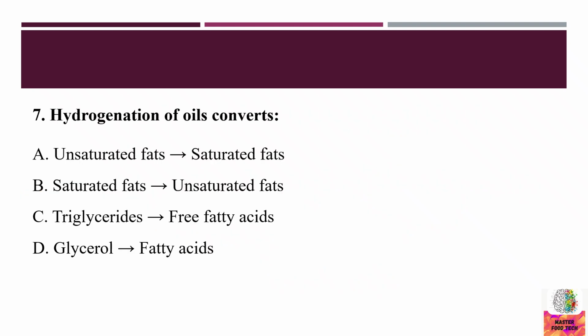Next, hydrogenation of oil converts. So what is actually hydrogenation? Hydrogenation is a chemical process where hydrogen is added to the double bonds of fatty acids. Suppose this is a fatty acid chain.